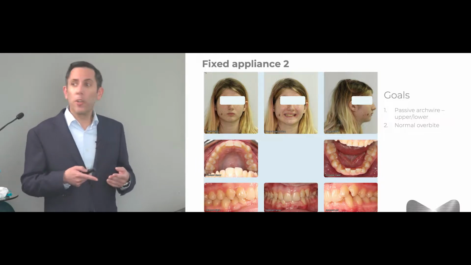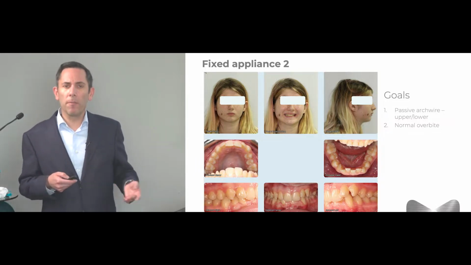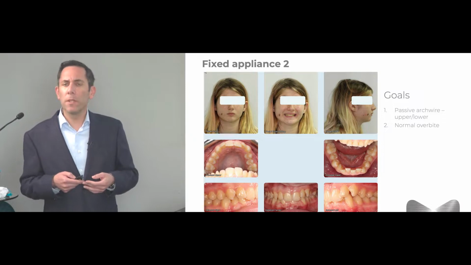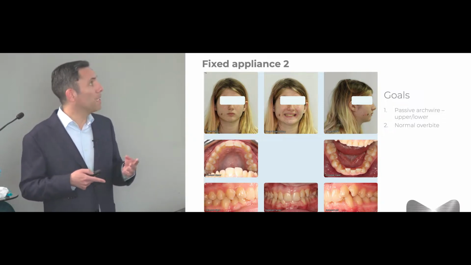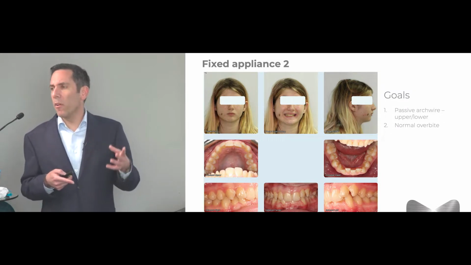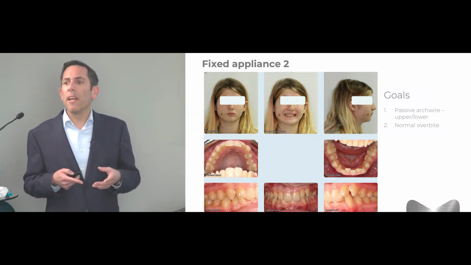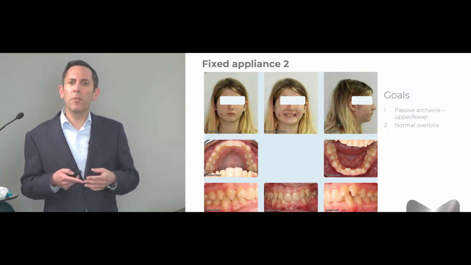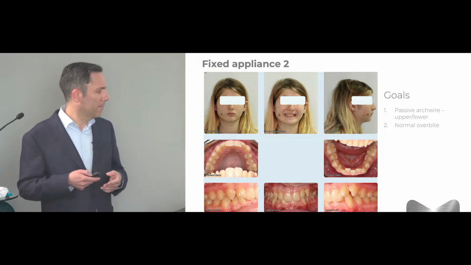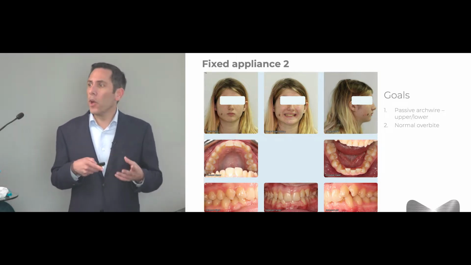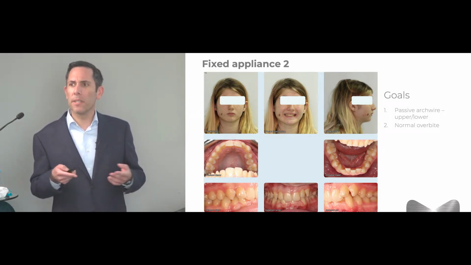Here as well, goals evolve as treatment evolves. So goal number 1 was going to be setting up passive archwires. Once the archwires were passive, then we would move on to stiffer archwires and so on, and then we would have a second goal in treatment, which would be normal overbite.